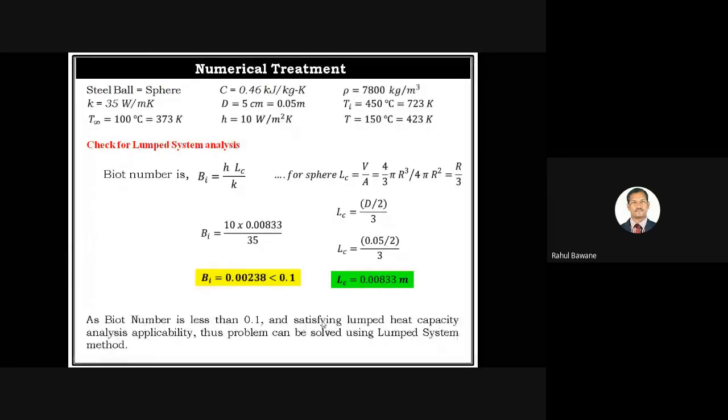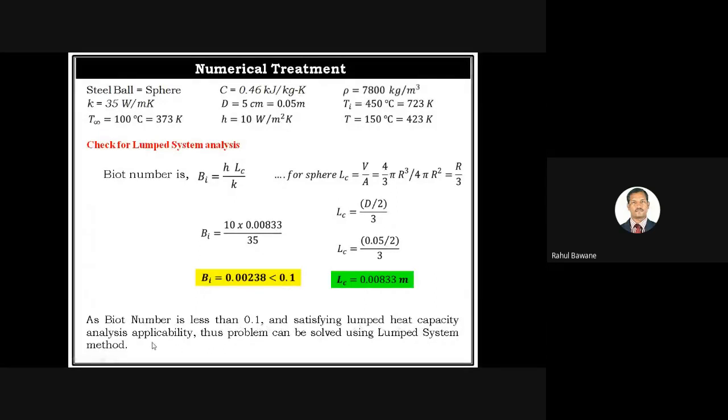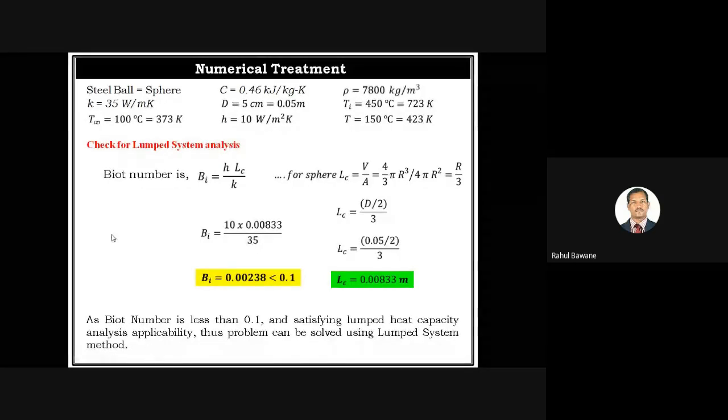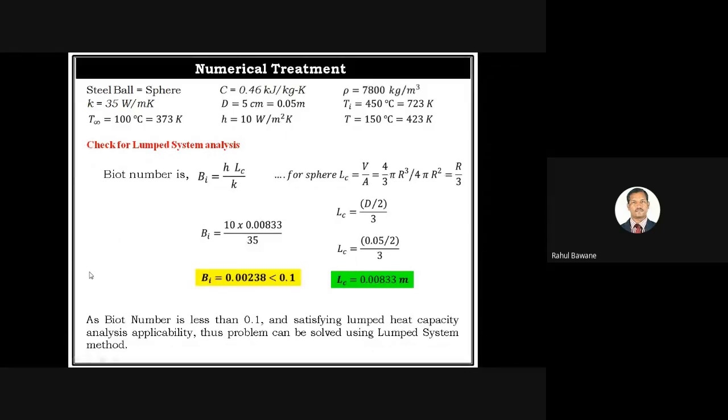As Biot number is less than 0.1, satisfying lumped heat capacity analysis applicability, thus the problem can be solved using lumped system analysis method. Remember, for this particular check, there are separate 2 marks. Even though it is not mentioned in your numerical, if you miss this kind of check and this justification statement, then you will lose 2 marks. So this is mandatory, to check the Biot number.